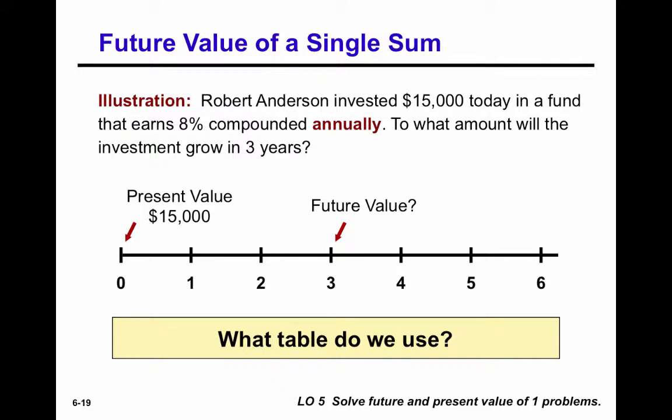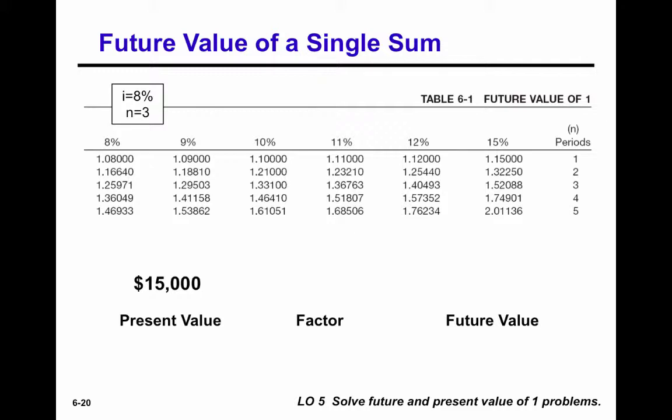Another example of future value, take a look at this. This one has to do with the determination of the table, but the table and the formulas are interchangeable. Here's the table, here's the factor, here's the math, and there's the future value.